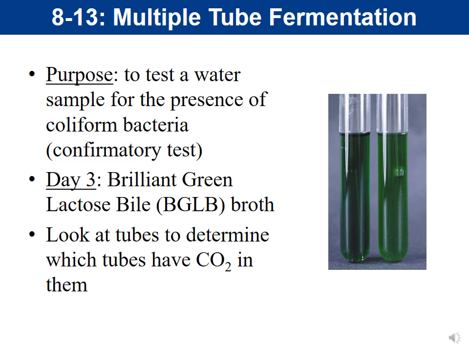The negative, remember, would be either no growth, because that means there's no gram negatives, or the other negative that you could have, just like the LTB, would be growth, but no gas. Growth because it's gram negative, but no gas tells you it's not a coliform because it didn't ferment the lactose to produce the gas. So you want to know for the multiple tube fermentations, what does the positive test look like? What does the negative test look like? What are the selective ingredients? What are the differential ingredients? So that's what you want to take away from this part.